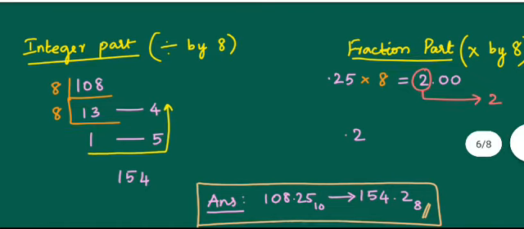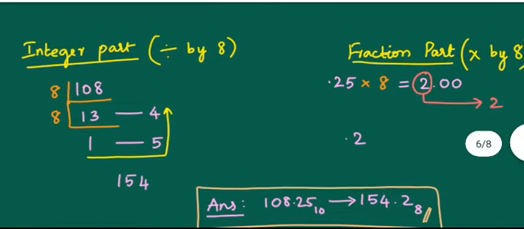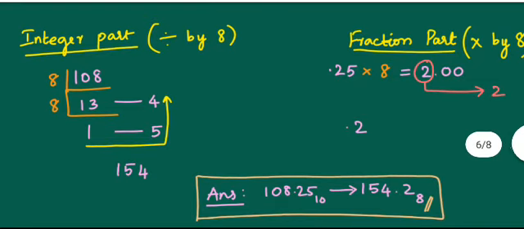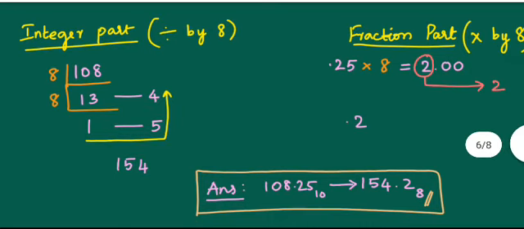Previously we divided and multiplied by 2 because we converted into binary; now it's octal, that's why the base value is 8.